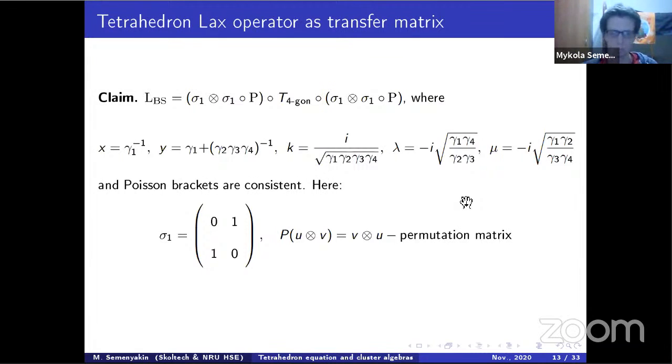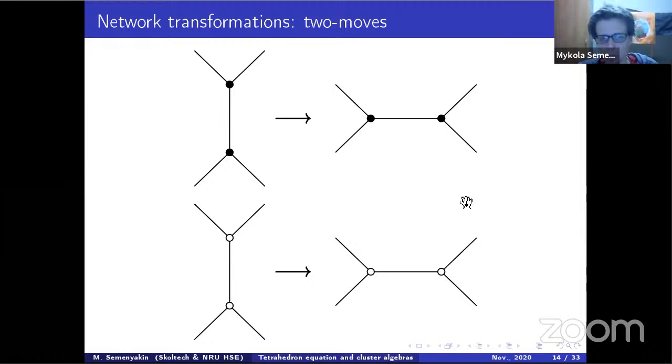Okay, so the second statement was about the tetrahedron transformation, not the Lax operator but products of three Lax operators. To make it, we first have to introduce transformations of planar networks. There are two kinds of basic transformations.